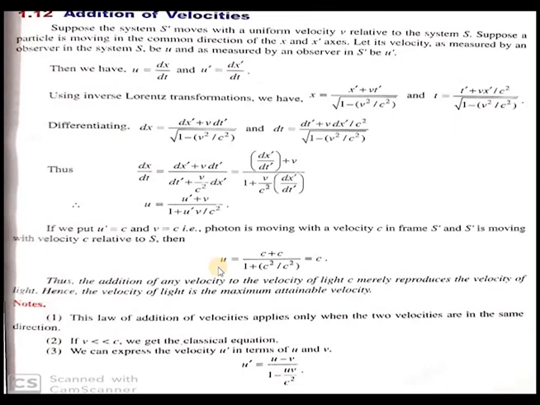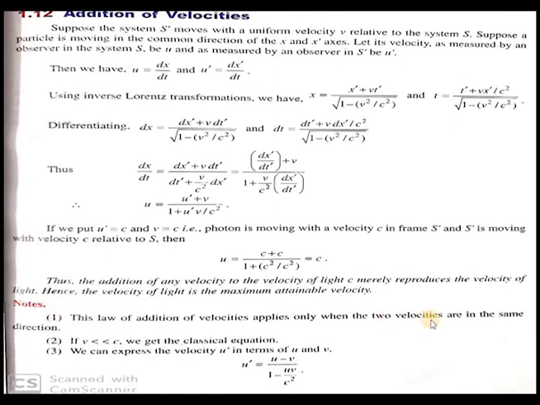The velocity of light doesn't change when we look at it from different frames of reference. So this is the expression for addition of velocities, and the law of addition applies when the two velocities are in the same direction.